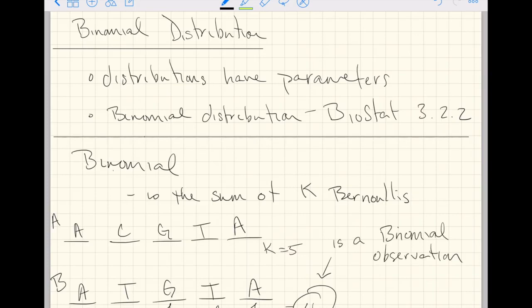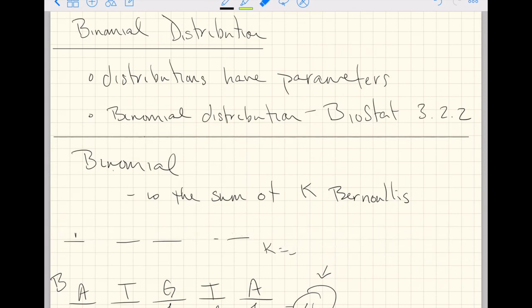That 4 is the sum of k Bernoullis. But the binomial is so general that we don't actually care how many Bernoullis we're interested in, as long as we know ahead of time there are k of them. Okay, so let's fill in the rest of the details of the binomial distribution.